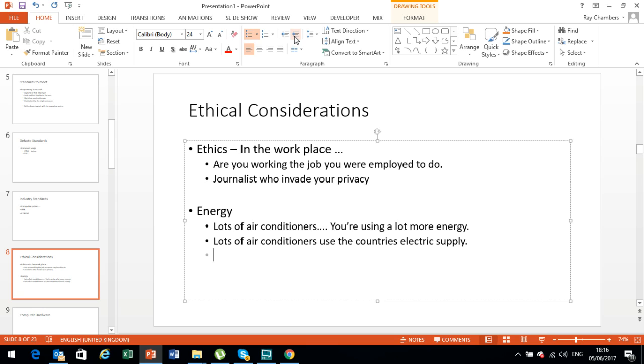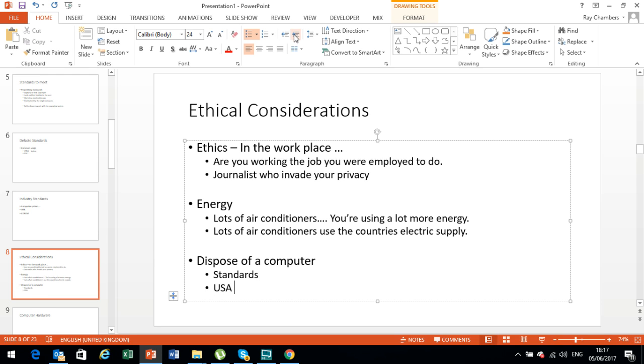Okay, you've also got the responsibility to dispose of a computer. To dispose of a computer system, you've got to make sure that you meet standards. Particularly in the USA, old computer systems are basically hazardous waste.